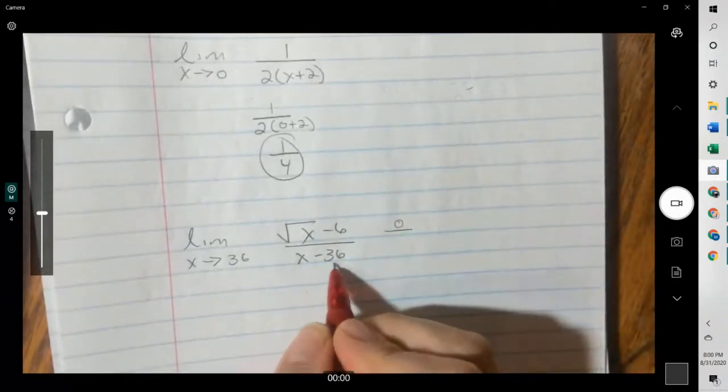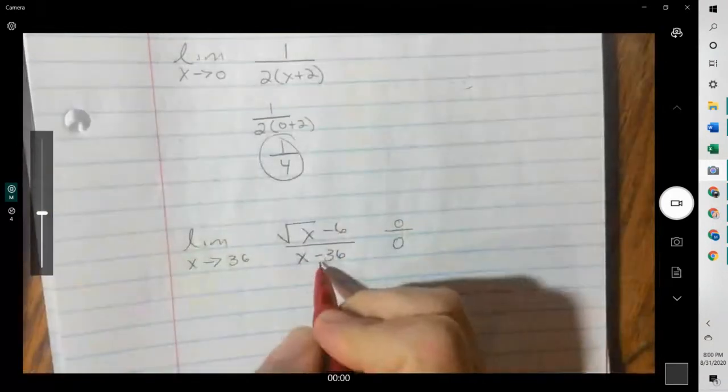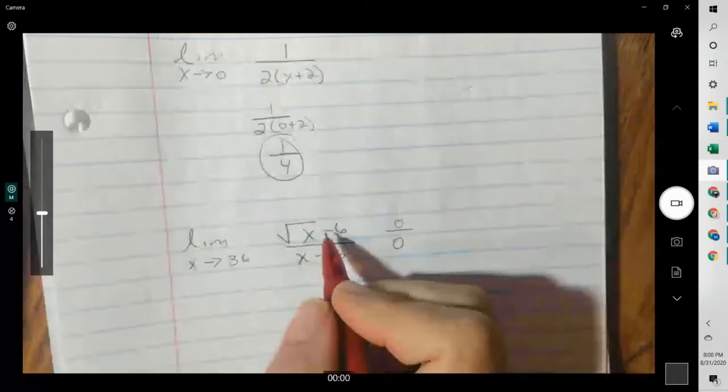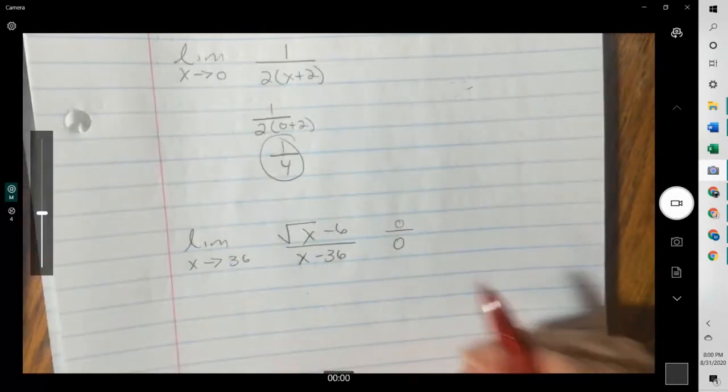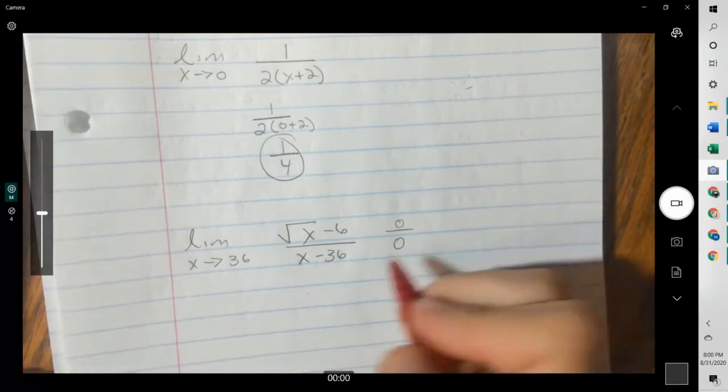And 36 minus 36 is 0. So we have to do something. There's two different things you could do. One is to multiply by the conjugate, or the second one is if you notice this factor is a perfect square. I think it's easier to multiply by the conjugate. But I could show you the factor.